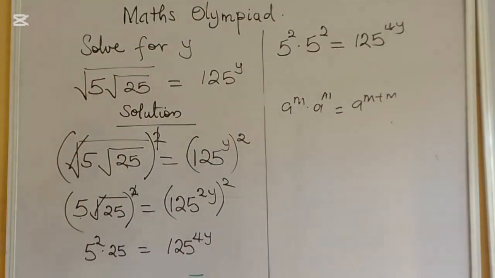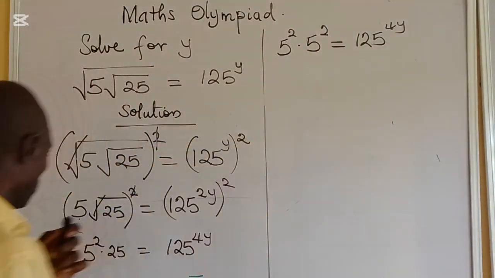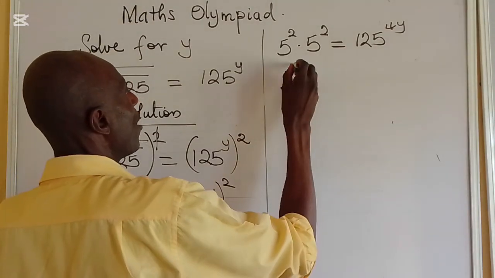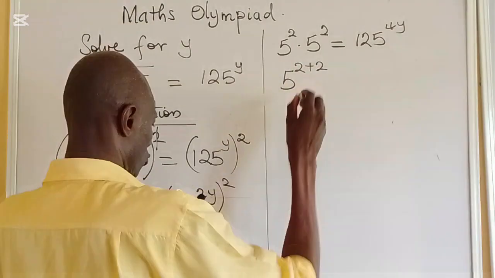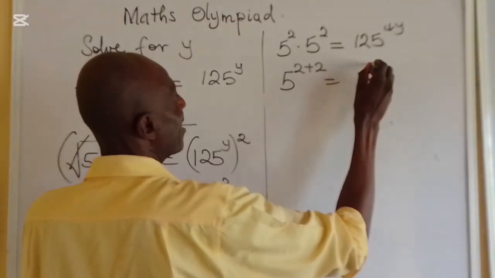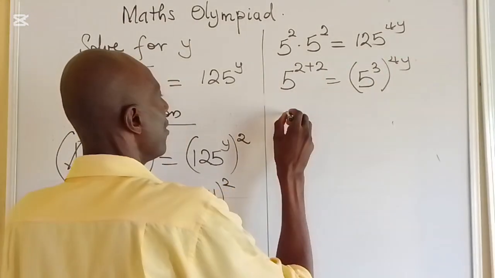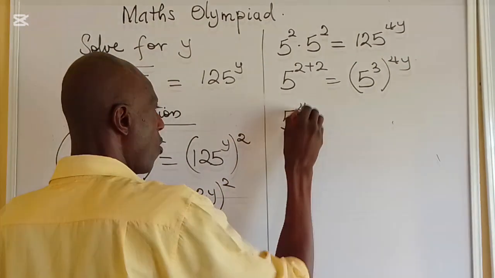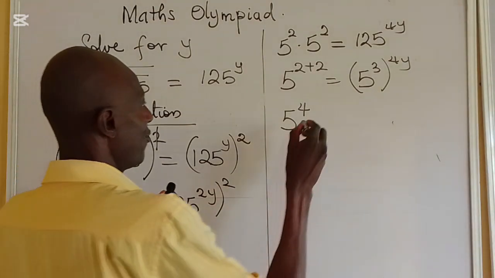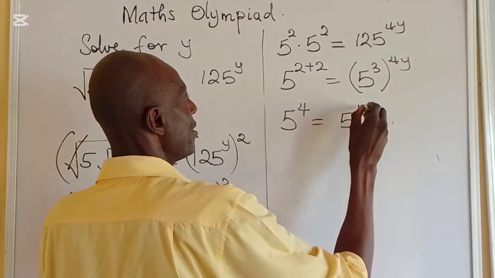So here 5 raised to power 2 plus 2 is equal to 5 raised to power 4. So 5 raised to power 4 is equal to 5 raised to power 3 times 4, which is 12y.